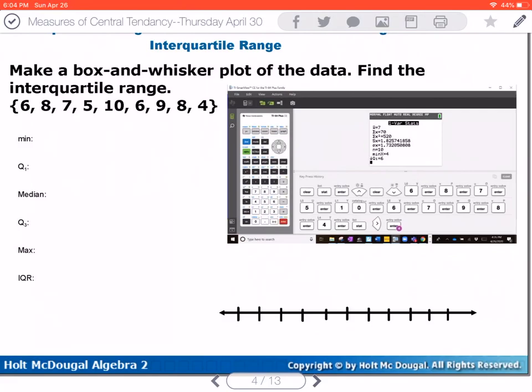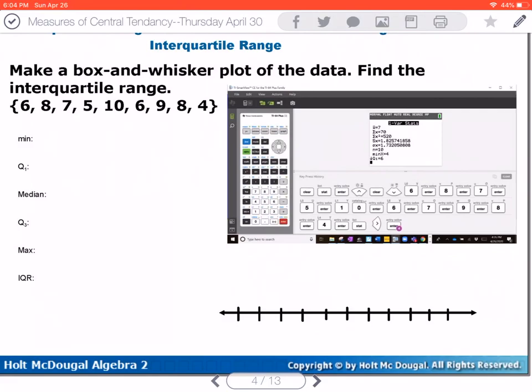I'm going to go to Stat, press Enter, arrow up, clear out what's in L1 and go back down so that you can enter data. So I'm going to enter 6, enter 8, enter 7, enter 5, enter 10, enter 6, enter 9, enter 8, enter 4, enter. Okay, don't forget after that last data value to make sure that you hit enter.